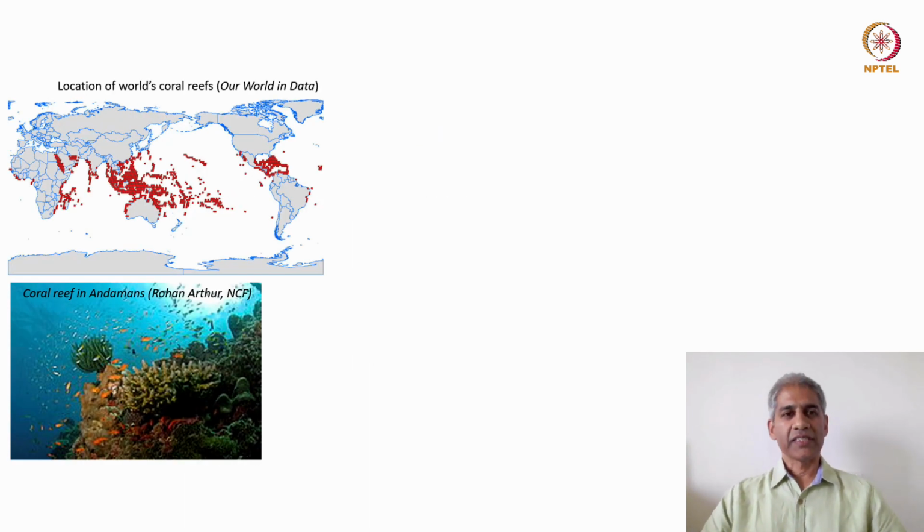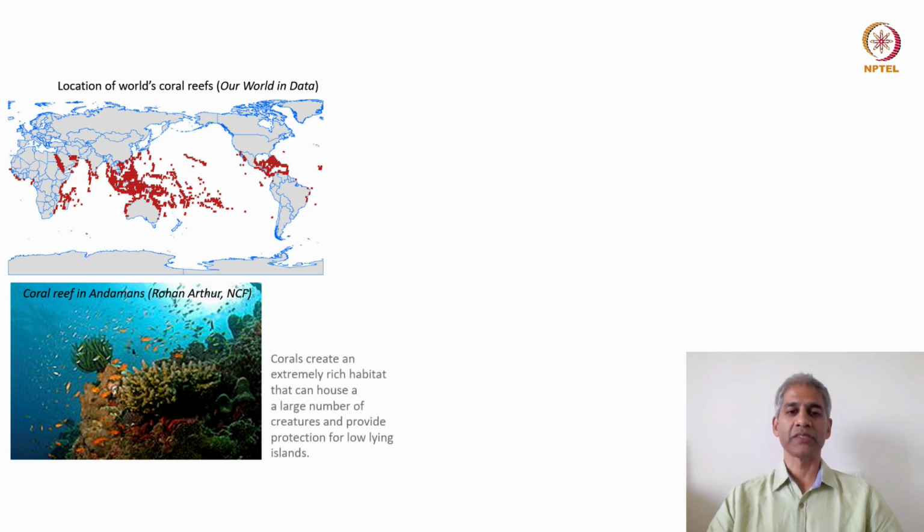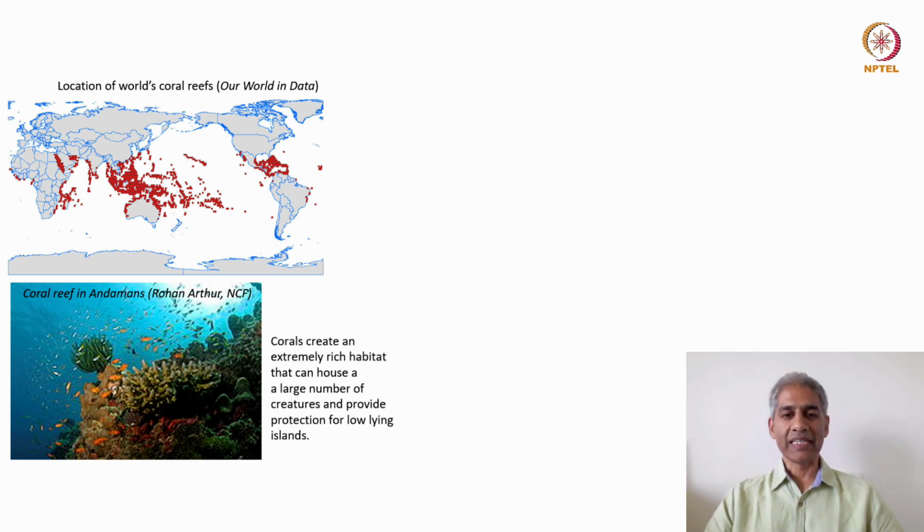So coral reefs are found in the tropical zone as shown on this global map, and they are very diverse ecosystems and they provide an extremely rich habitat which can house a very large number of creatures, both because they provide spaces for both predators and prey within them.